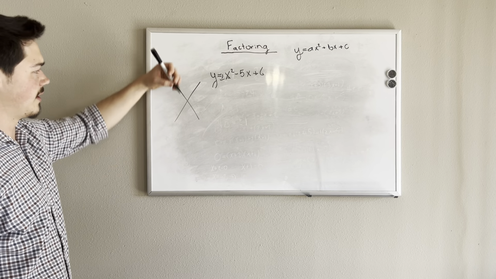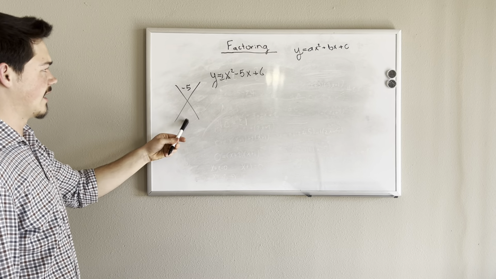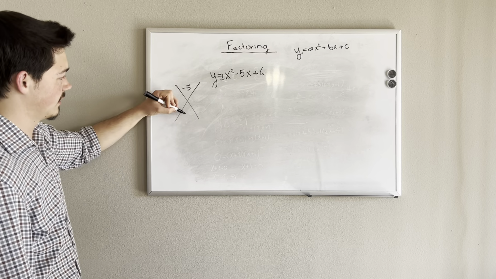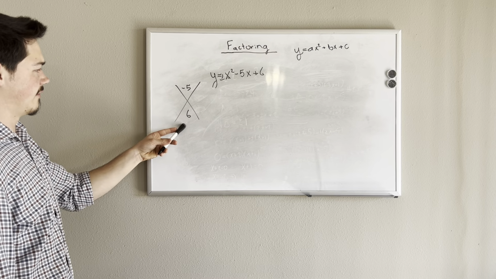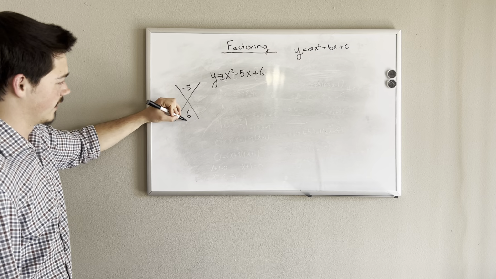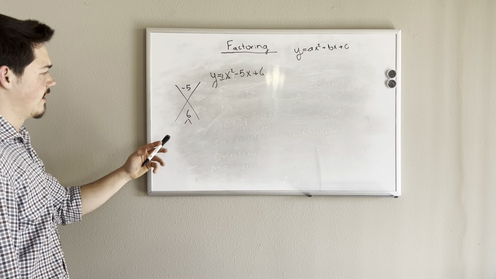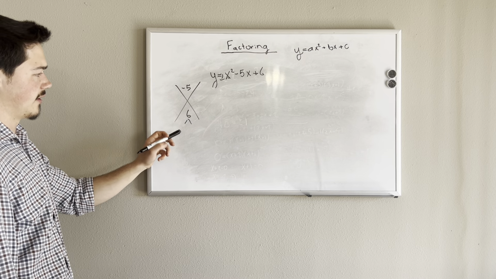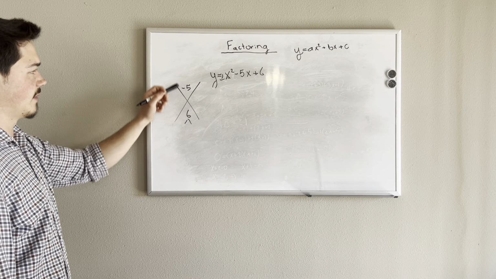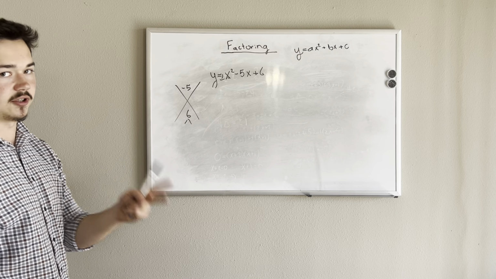So we have our b up here, negative 5, a times c, which is 1 times 6. And here again we have that disparity in signs. So since this is positive down here and negative up here, it means we need two numbers that multiply to a positive but add to a negative, meaning we'll have two negative terms.